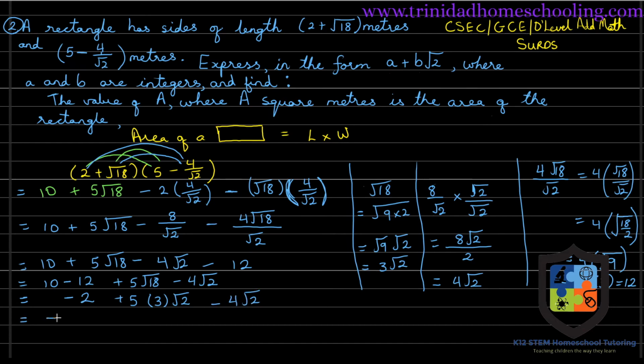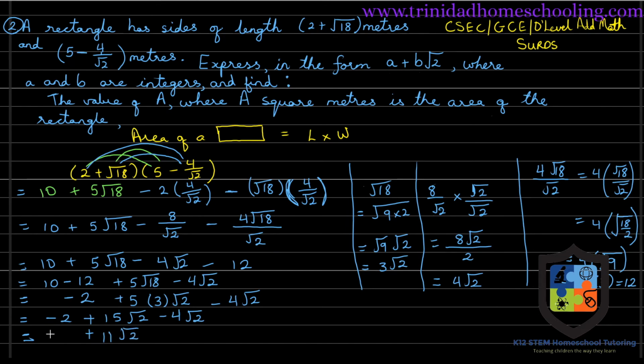So let's simplify again. Minus 2 plus 5 threes are 15 root of 2, minus 4 root of 2. So our final answer would be 15 root 2's minus 4 root 2's, which gives me 15 minus 4, 11 root 2.